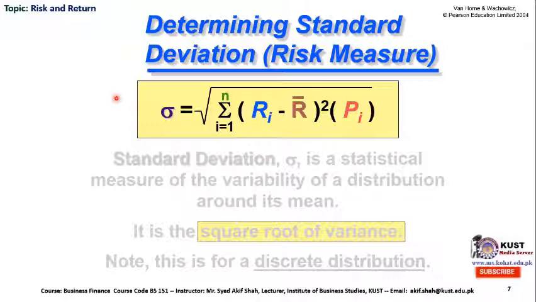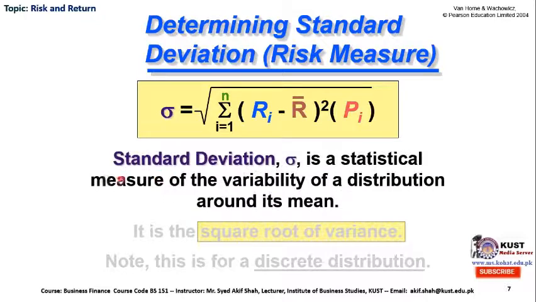The formula is before you, but before explaining the formula, let us explain the standard deviation, which is denoted by the sigma sign. Standard deviation is a statistical measure of variability of a distribution around its mean. Basically, standard deviation covers the dispersion of the data from the mean value.